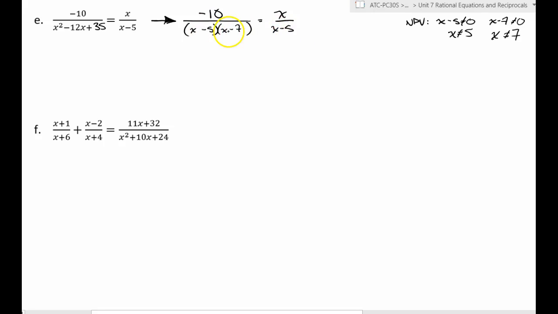We have a matching binomial in both denominators. So that makes life easy. We already know x can't be 5 for that one, which also means our lowest common denominator is a little bit easier too, because we only have 2 binomials to consider, x minus 5 and x minus 7. So again, we're going to multiply everything by those 2 pieces.